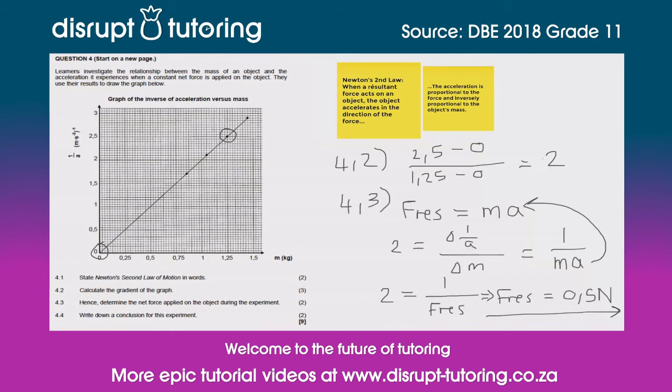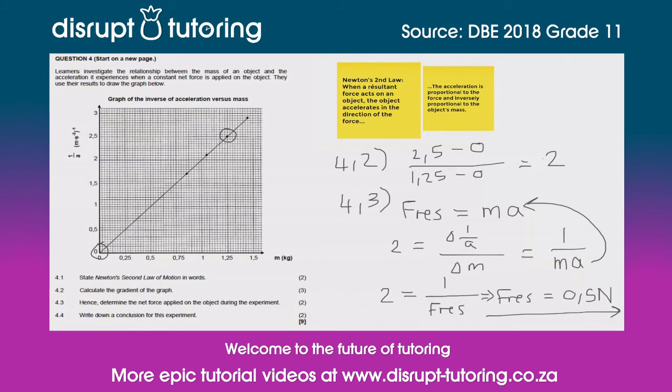So there's 4.3. Great. Then they ask to write down a conclusion for the experiment. We can see that there is a constant net force acting on this, and that's crucial to this whole question.